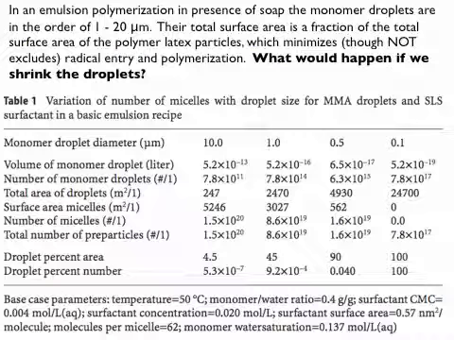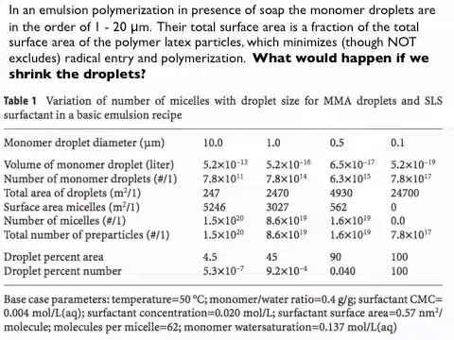So now one of the questions is, okay, I have monomer droplets in an emulsion polymerization, and we've seen before that these didn't really play an important role, apart from acting like a reservoir for monomer to be transported through the water phase into the particles.